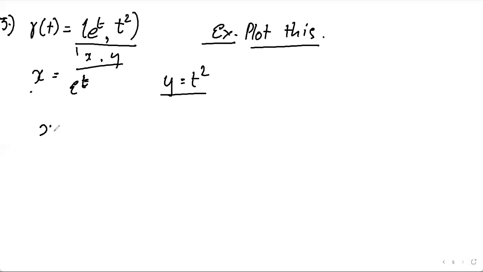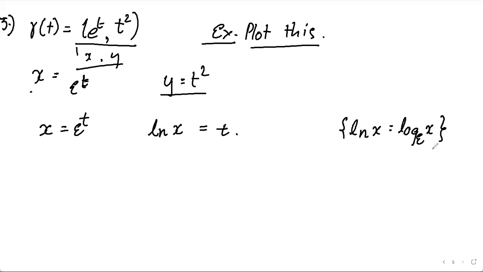So for x equals e to the power t, we'll take the log on both sides. So we'll get t equals ln x. The notation I'm using, ln x means log base e of x.